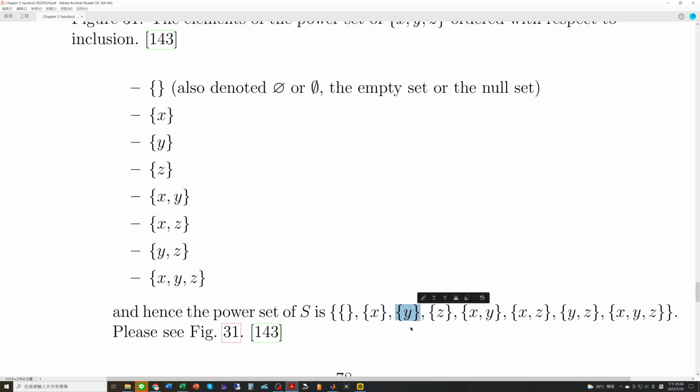The third element is a set that contains y. The fourth element is a set that contains z. The fifth element is the set that contains x and y. The next element is the set that contains x and z.